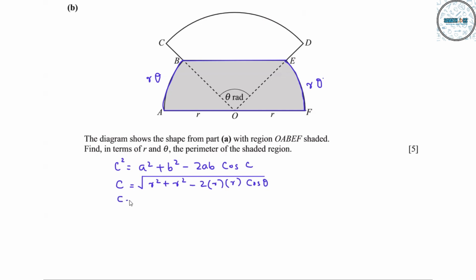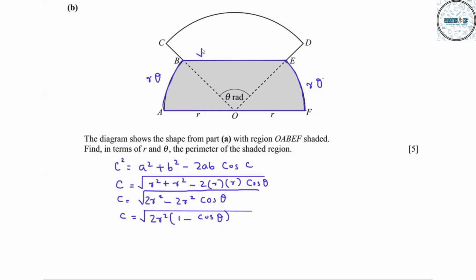So we have c square is equal to 2r square minus 2r square cos theta, which will be simplified to 2r square is taken as common, 1 minus cos theta.